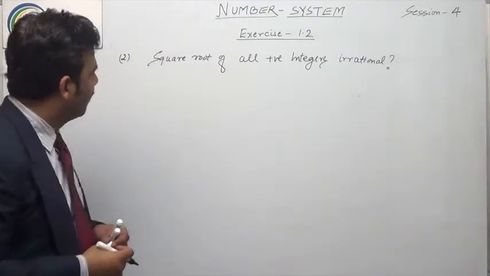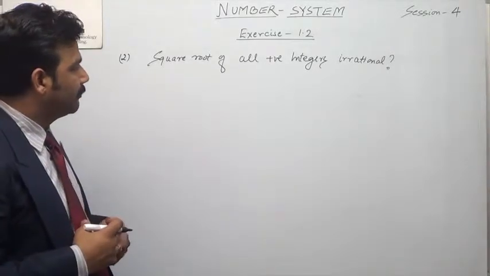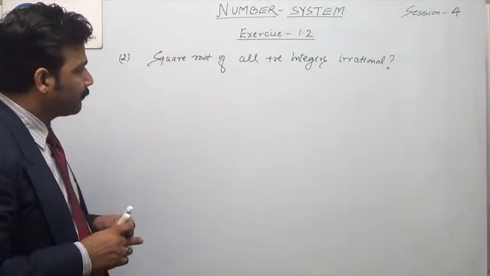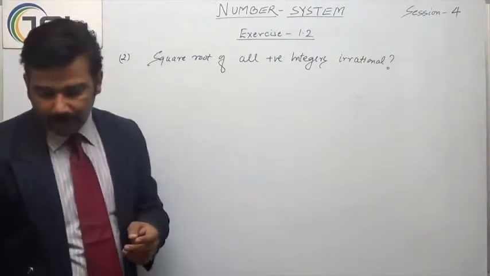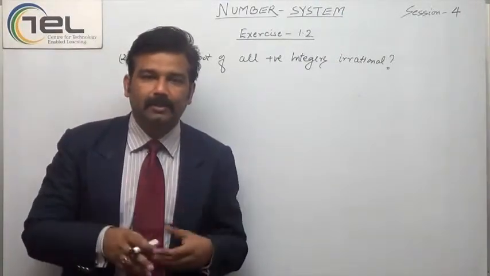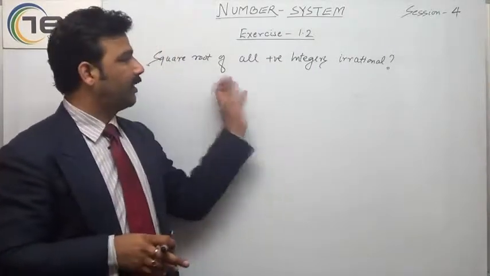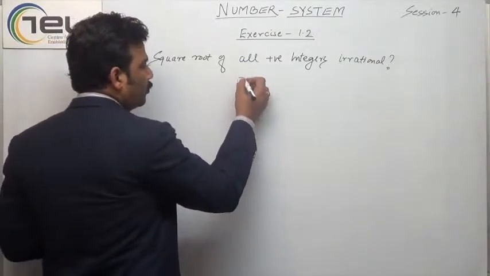Yeah, very nice exam. It is a very confusing one. Normally, the mistake a student makes is that we always think of examples which will satisfy the statement. Let's say I take the example root 2.